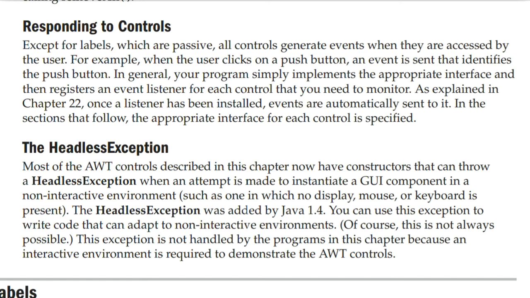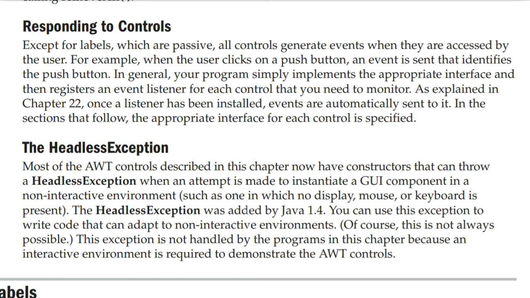The HeadlessException. Most of the AWT controls described in the chapter now have constructors that can throw a HeadlessException when an attempt is made to instantiate a GUI component in a non-interactive environment, such as one in which no display, mouse or keyboard is present.